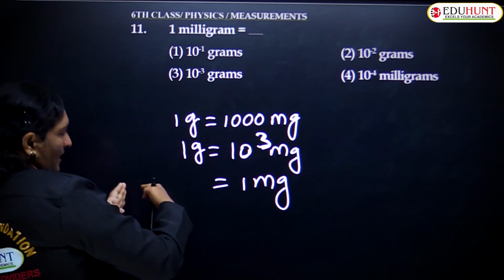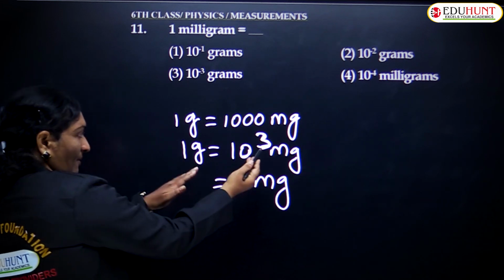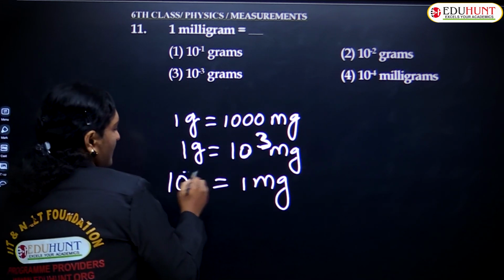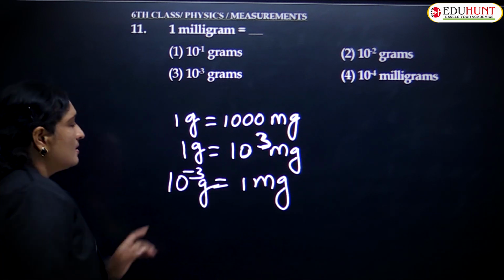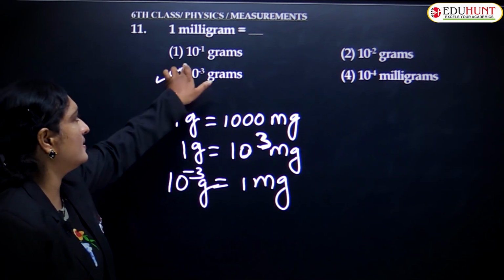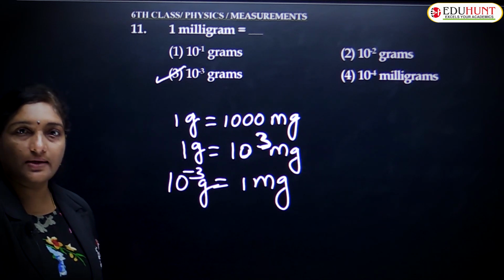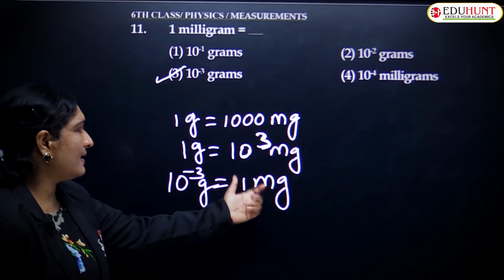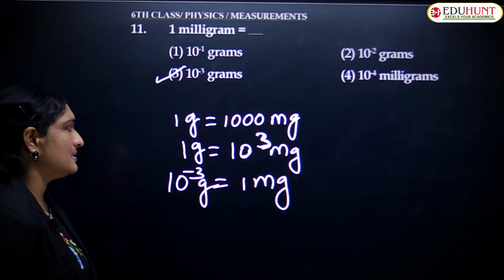It will become 10 power minus 3. So 1 milligram is equals to 10 power minus 3 gram. Here is your answer. Are you getting me?